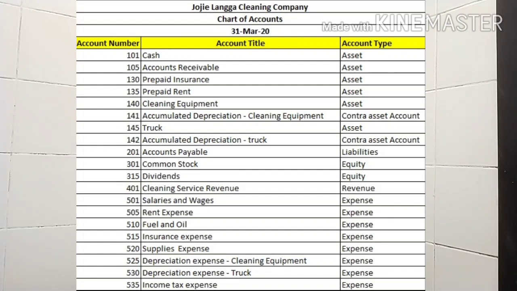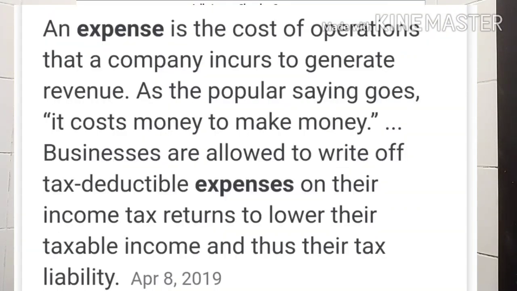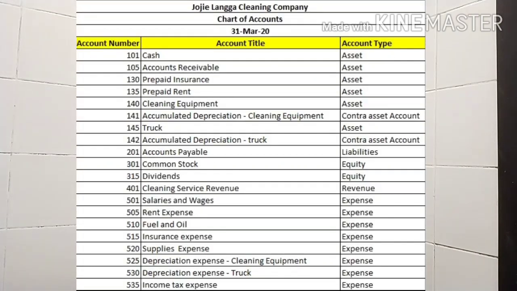Now we have to proceed with expense. Expense is a group of accounts that includes all the expenses of the company. Expense has a normal balance of debit, meaning once your expenses increase, you have to put them in the debit side, and once your expenses decrease, you have to put them in the credit side. What are the account titles that we're going to use under expense? Salaries and wages, meaning the salary of the company's employees.